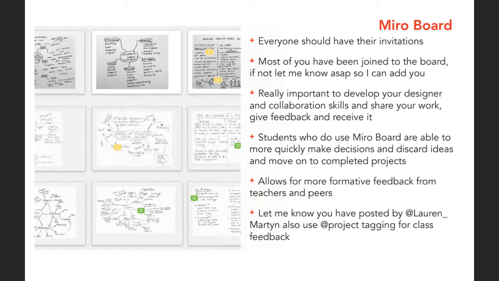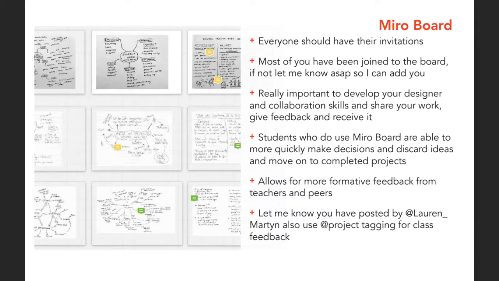And also the other great thing is that if you do get that feedback, you're able to move quickly through your project and make decisions and discard ideas that you're unsure of. So Miro board specifically allows for formative feedback, which is the feedback that you get as you're forming your project. And then the summative feedback is the feedback that you get at the end.